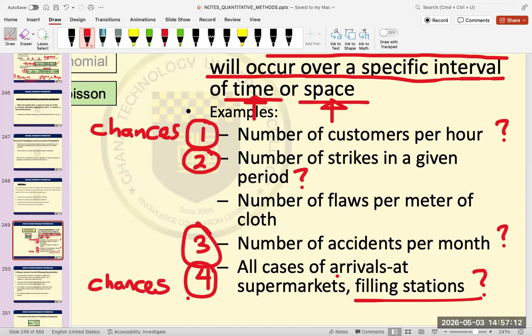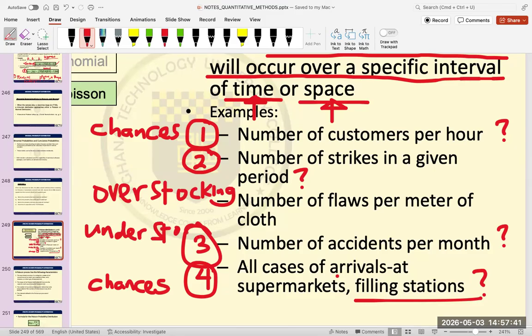And so if you are stocking fuel, whether gasoline or diesel, you have to stock in such a way that you will not do overstocking or understocking. You have to use probability to be able to stock enough.